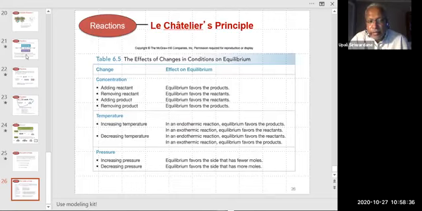In an endothermic reaction, equilibrium favors the reactants, and in an exothermic reaction, equilibrium favors the products. An increase in pressure makes equilibrium favor the side that has fewer molecules, and a decrease in pressure makes equilibrium favor the side that has more molecules. So this is a summary of equilibrium, applying Le Chatelier's principle to changing conditions on the equilibrium.